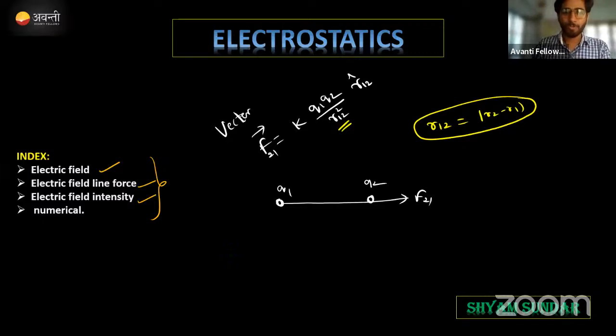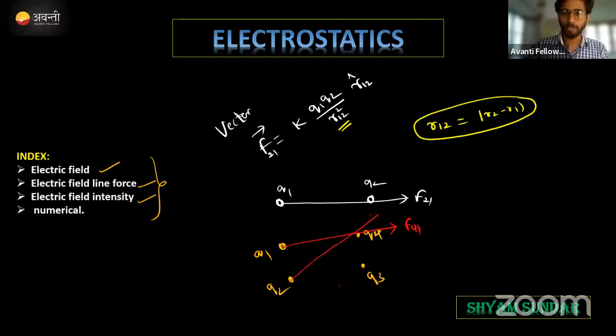Many charges will be available in free space. मान लो Q1, Q2, this is Q3, this is Q4. Now on Q4, how many forces will be acting? We need to add all the forces acting on Q4. First one will be due to Q1, the force on 4 due to the first charge.